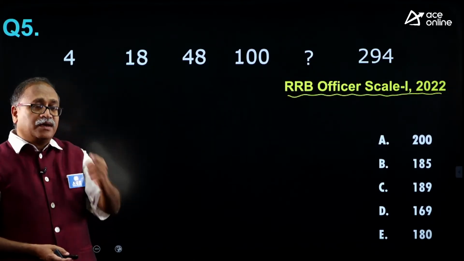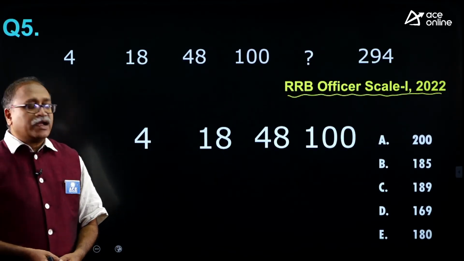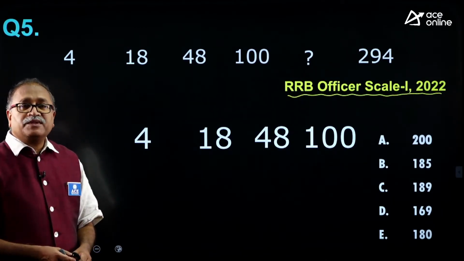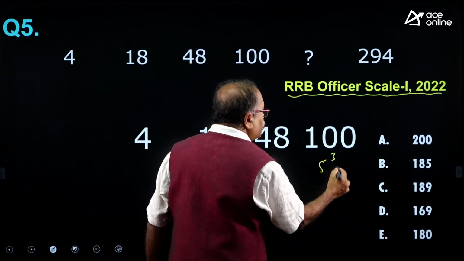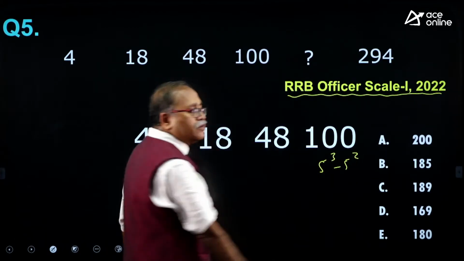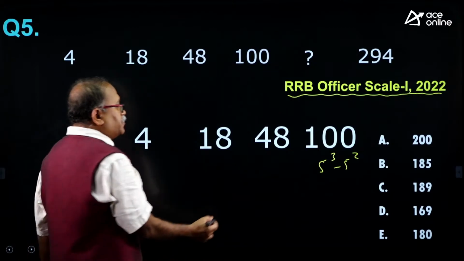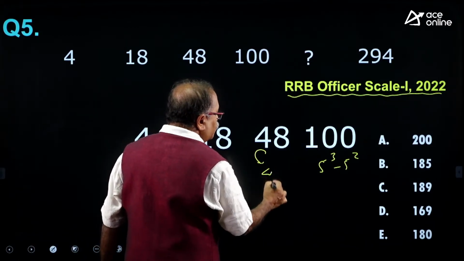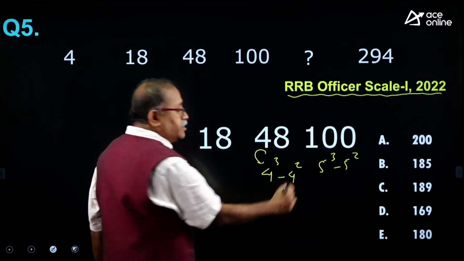But before that, I am giving some clue to you. Look at these numbers. Can you identify something? Can you identify this as 5 cube minus 5 square, 125 minus 25? Can you identify this as 4 cube is 64 minus 16, that is 4 square?